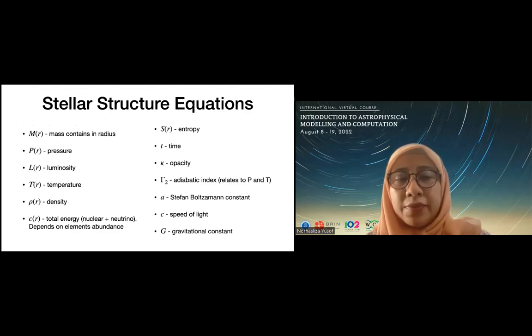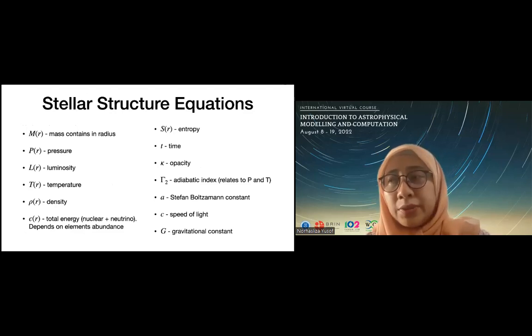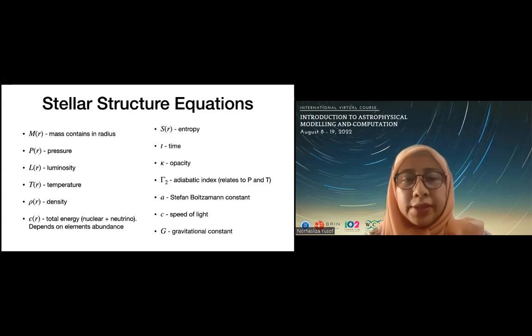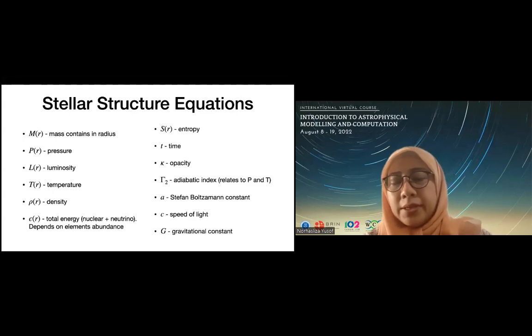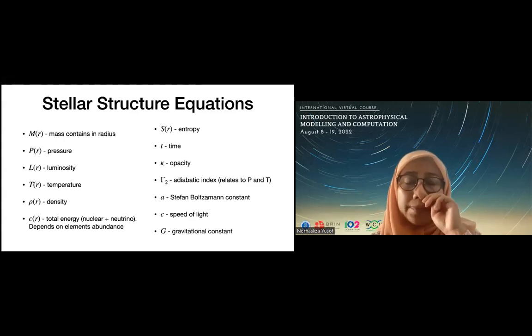And then we have density, rho. Epsilon is our total energy, which is nuclear plus neutrino. First of all, the energy must be governed by the nuclear energy. Neutrino comes later, depending on the option of whether it is produced or not, and it depends on the element abundance. Like myself, I did a lot of massive stars, so I have to consider both nuclear and neutrino, because if you don't have neutrino in our star, the star cannot cool.